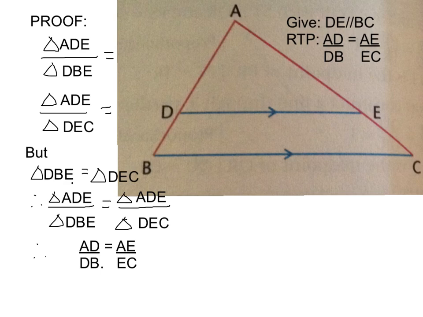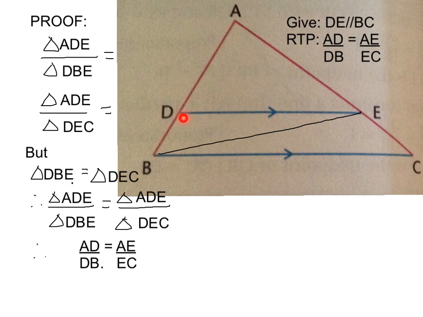Firstly, we're going to look at the area of triangle ADE, so that's this triangle here, over triangle DBE. Now you might say, well, where's triangle DBE? Well, we need to make a construction. Obviously learn your proof properly from your textbook, but we would need to state that we're doing the construction, but there's my construction. So what we have now is two triangles that share a common vertex, and the two triangles we're talking about are ADE and DBE.